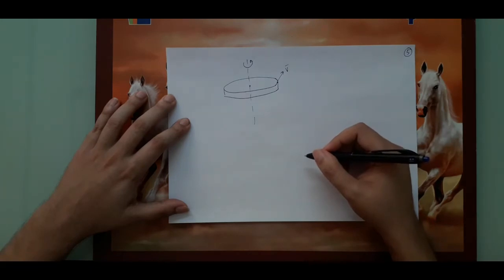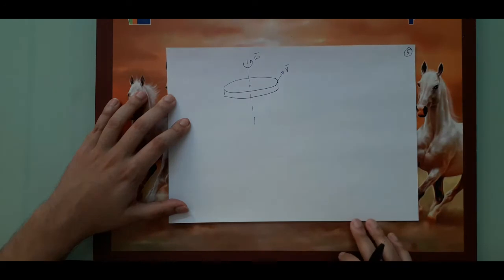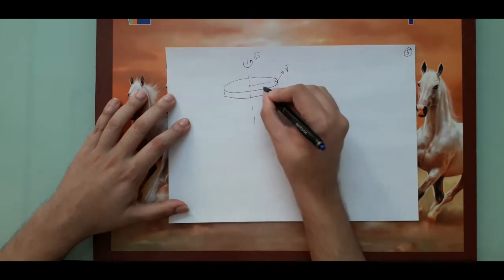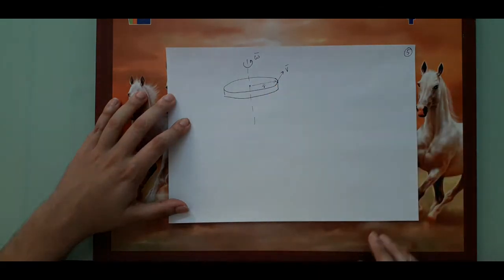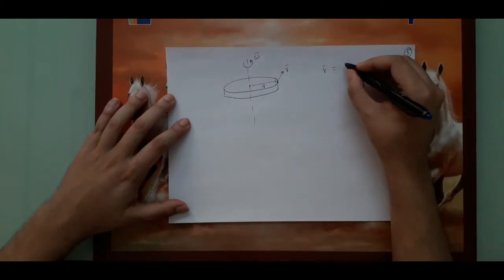But I can also define the angular velocity omega. And if the radius of this disk is some radius r, which is also a vector, I can define v as nothing but omega cross r.